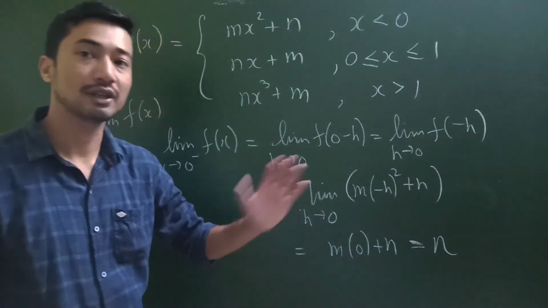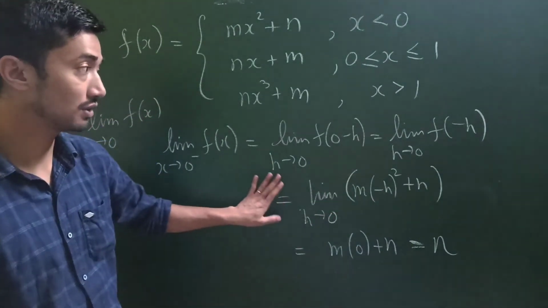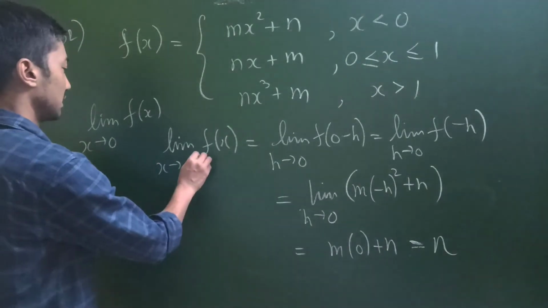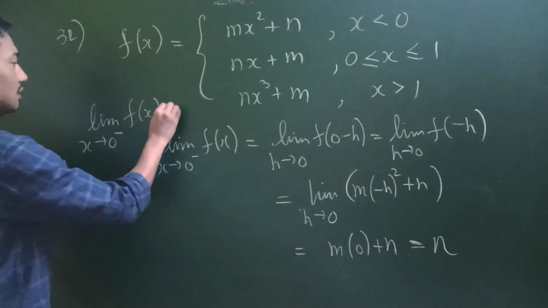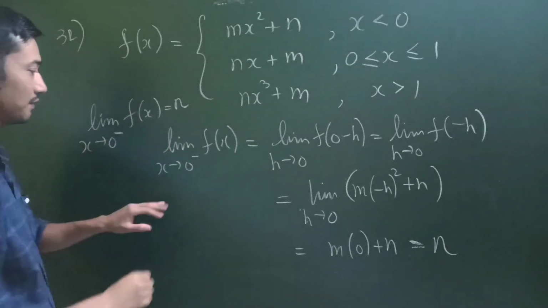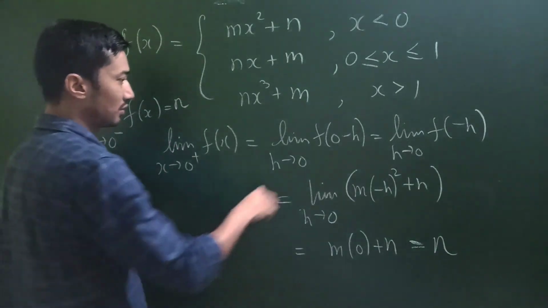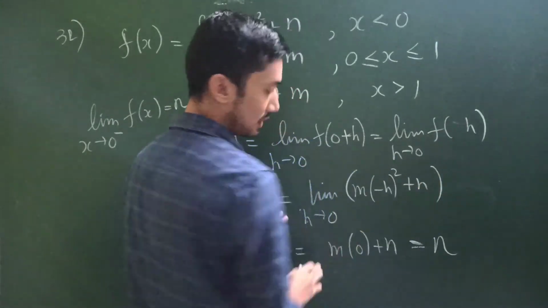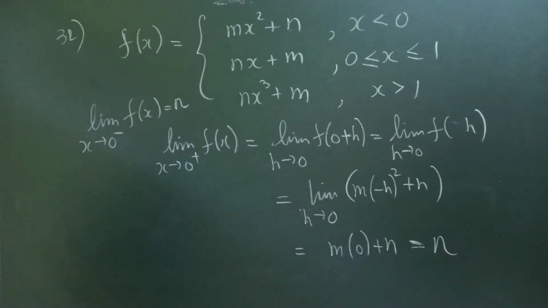Alright, let's check the right hand limit. I'll just take advantage of this function only. So let's not forget the left hand limit that we have here is n. When you go for the right hand limit, 0 plus, so that's going to be plus h as h tends to 0. Only here the function may change.